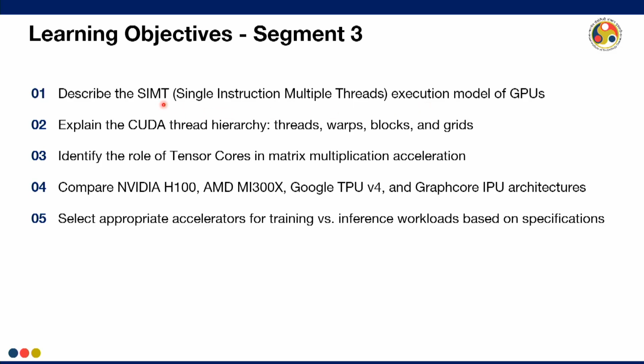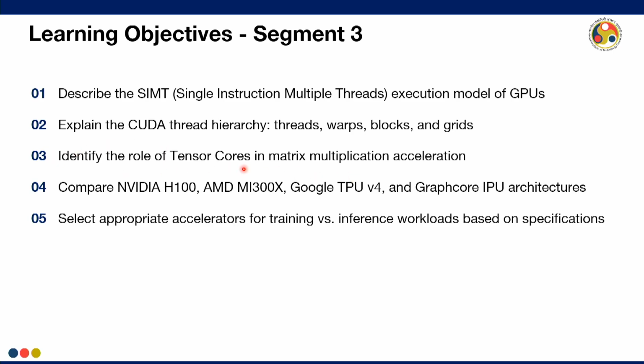SIMT is single instruction multi-thread, and the CUDA cores that you will be looking at from the GPU side. Essentially you will be understanding the CUDA thread hierarchy, which happens to be threads, warps, blocks and grids. These are the main components of CUDA threads that we will look into.